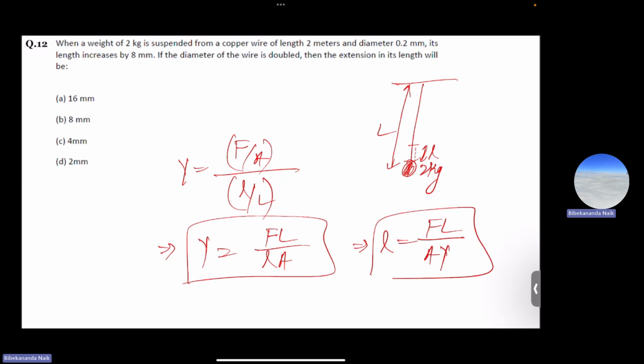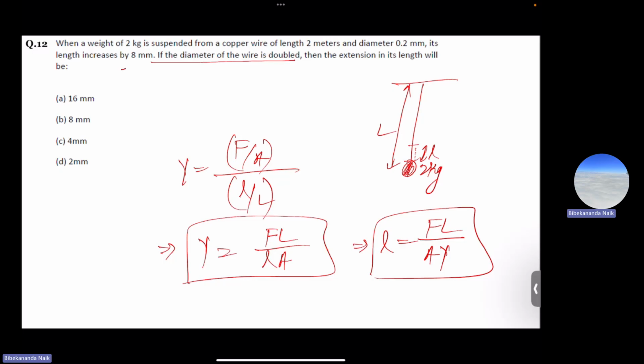So here the weight is 2 kg suspended from a copper wire of length 2 meter, diameter 0.2 mm. Its length increases by 8 mm. The diameter of the wire is doubled, then the extension in its length will be. So when the diameter is doubled, what will be the change in length?